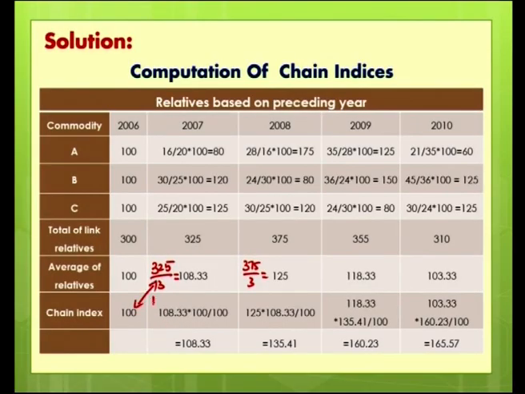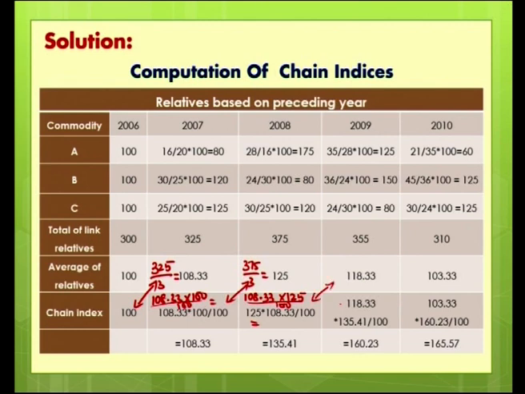So 108.33 into 100 divided by 100 is equal to 108.33, the first value itself. Now for the third value, 108.33 is the previous year chain based index, and the current year link relative is 125 divided by 100, which is equal to 135.41.